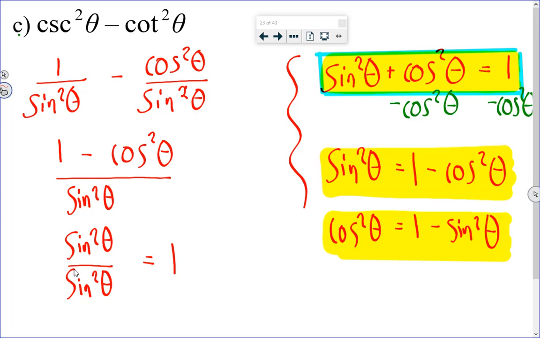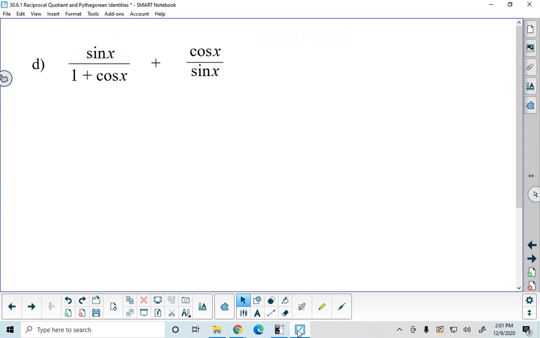You can see why I hope that we're only doing 1 lesson today, and this is going to continue for a few days. The very first thing I've said to you is write everything with sine and cosine. Well, that's already done. Another thing I've said is to keep your eyes open for known identities.